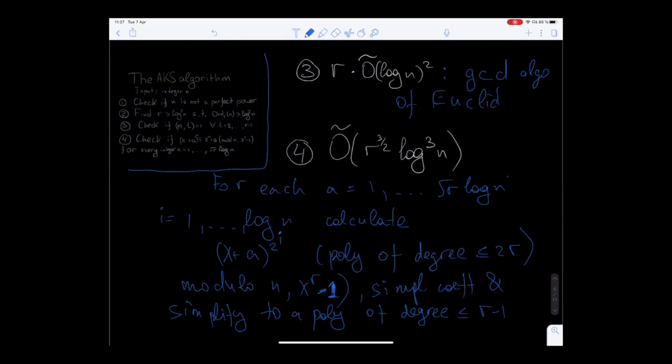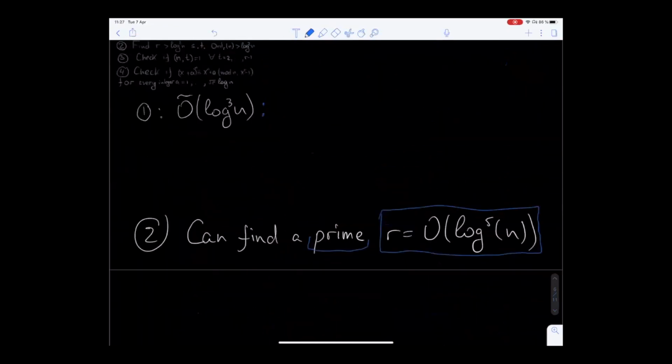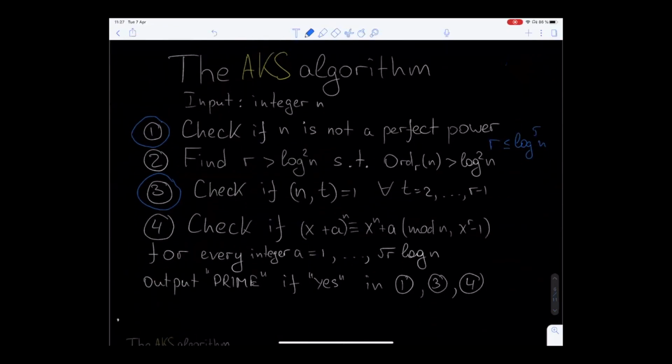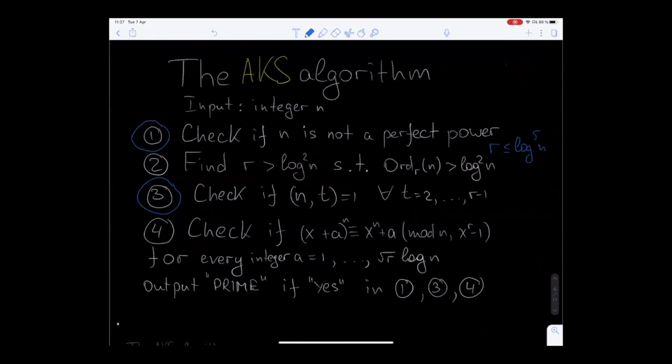I guess this is a good point to stop at the moment. Maybe I'll go back to the algorithm so that you can look at it again. We've figured out that the algorithm, provided that in step 2 we indeed can find r that is small, will work within the time constraints that I put there.